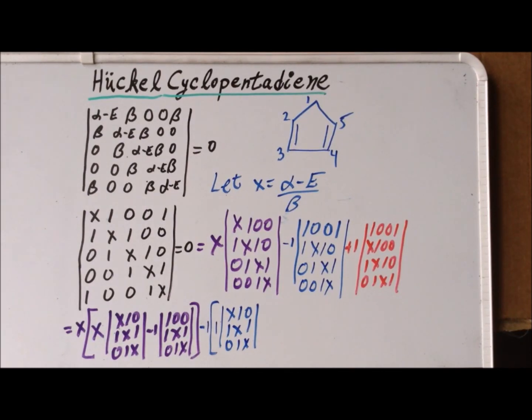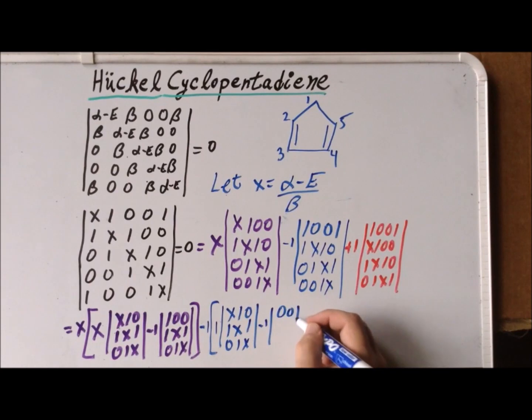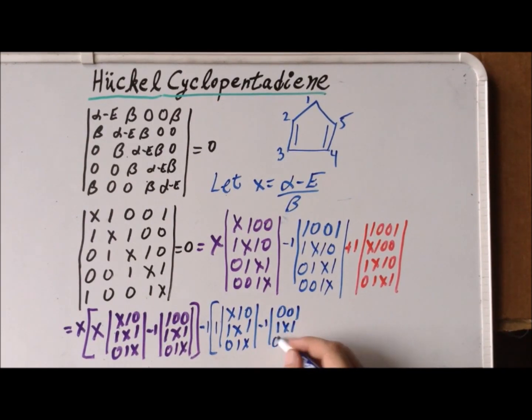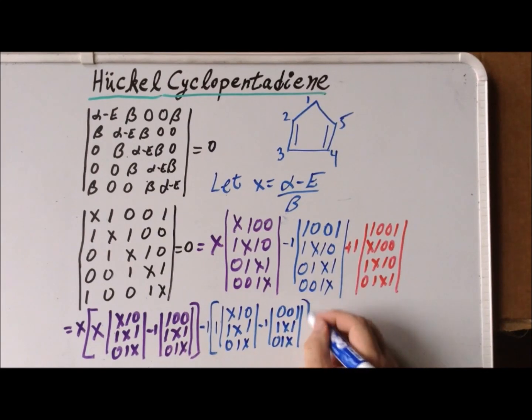And our second coefficient is going to be a minus 1. And then we've shown our expansion in blue.